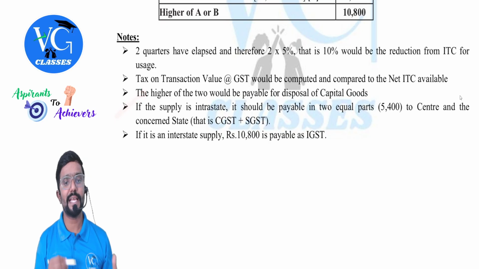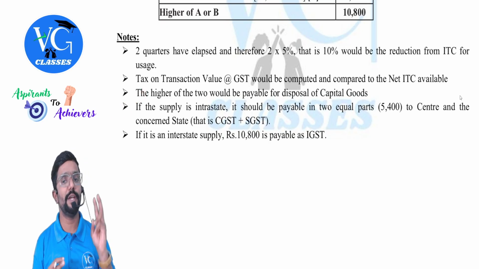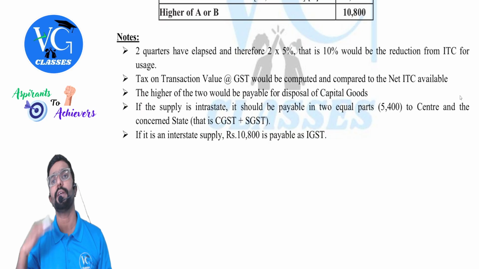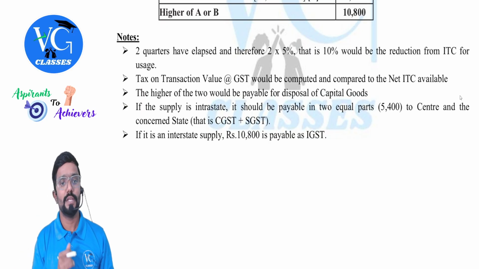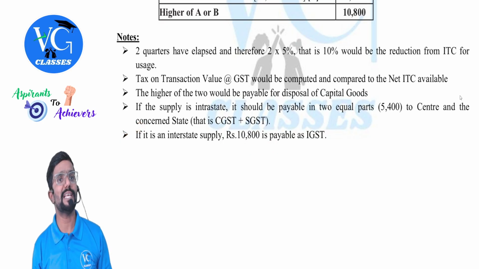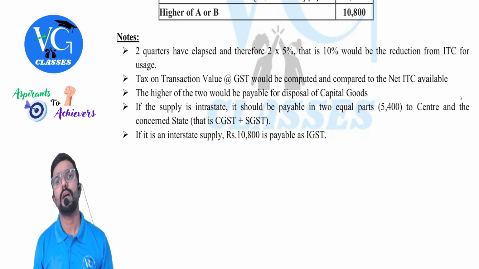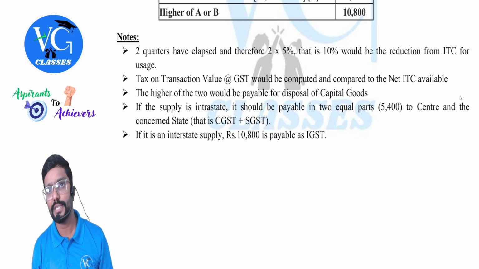If the supply is intrastate, then it should be payable in 2 parts, guys. That is 5,400 CGST, 5,400 SGST. Then, sir, what if it is interstate? Then the entire 10,800 as IGST. Entire 10,800 as IGST. Is that clear?